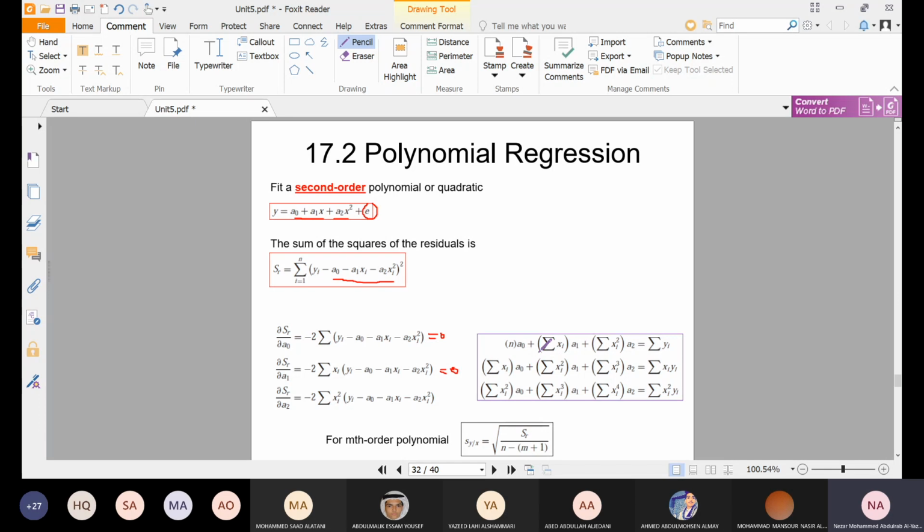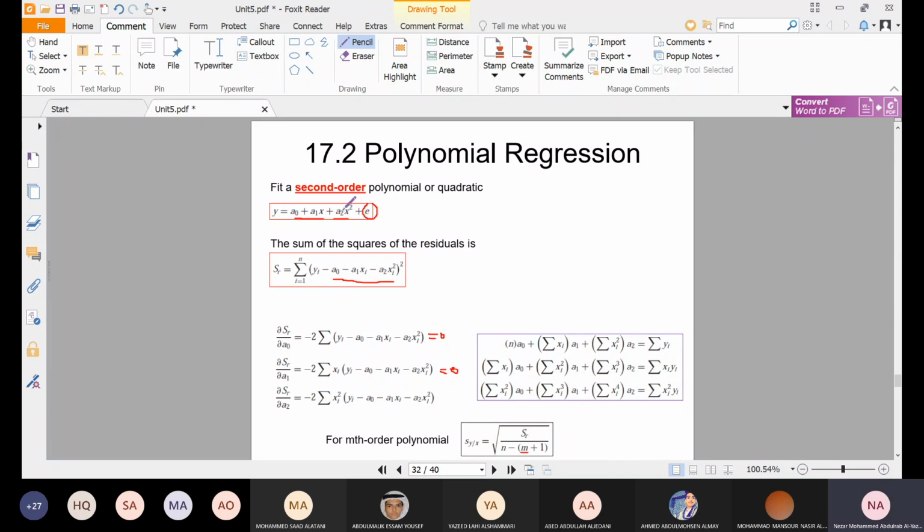Here the standard error of estimation we can represent in this form. S sub y/x is equal to the sum of the squares of the errors over n minus m plus 1. M here represents the highest order that we use.